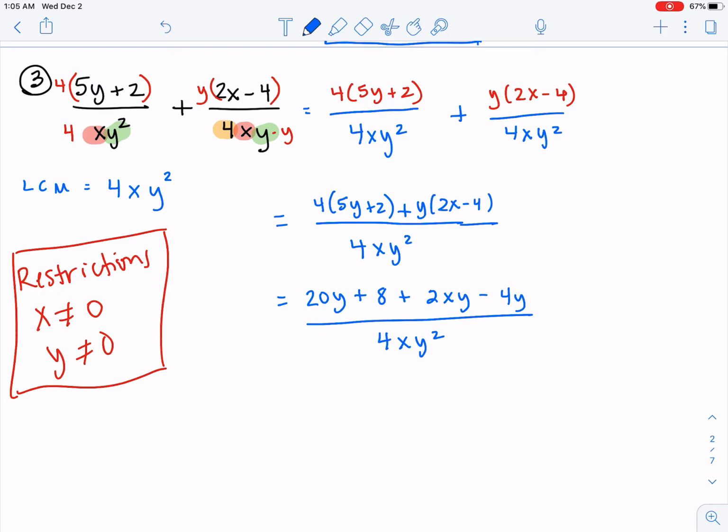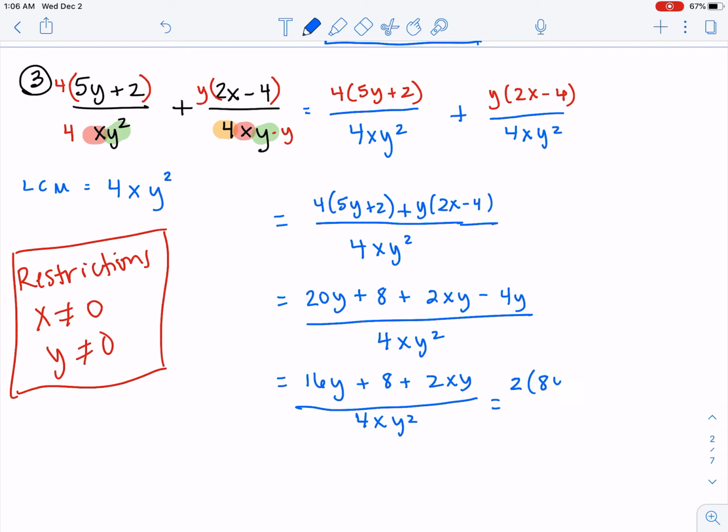All right? So let's take a look at what we have here. Common like terms on the top are the 20y and this negative 4y. That gives me 16y plus 8 plus 2xy all over 4xy squared. All right, let's see what we can factor out at the top. What all three terms have in common is a 2.